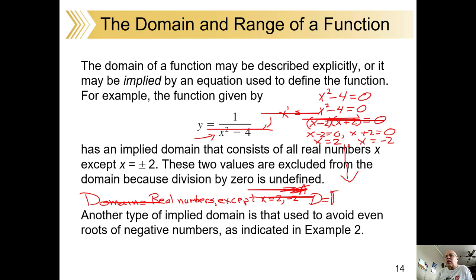Sometimes the real number set is represented by a fancy R. Now this other way of describing the same situation is the domain equals the set of all real numbers, and this minus sign says except for what follows in this set. That's a second way of putting it. Another way of putting it would be with intervals.